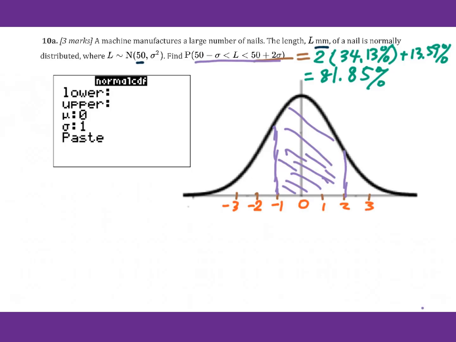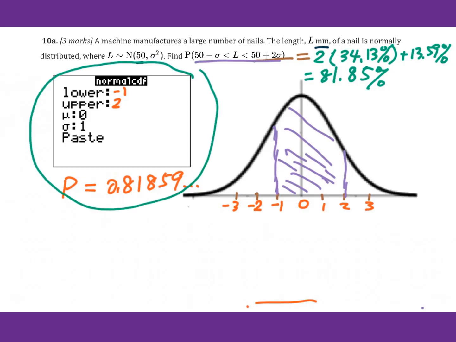Therefore, we go to normal CDF: lower is -1, upper is 2. We put 0 and 1 for the mean and standard deviation. The probability you will get is 0.81859 and so on. So we use the Z-curve to remember the diagram of the normal distribution.